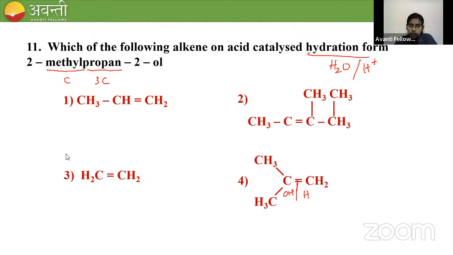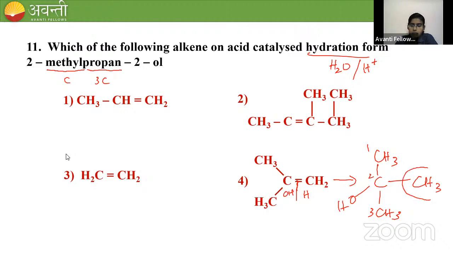So what is this? It will give CH3, CH3 and OH, CH3. 1, 2, 3. So the second carbon has methyl. So 2-methyl propan-2-ol is the product from the compound which is present in option 4. So that is the correct answer.